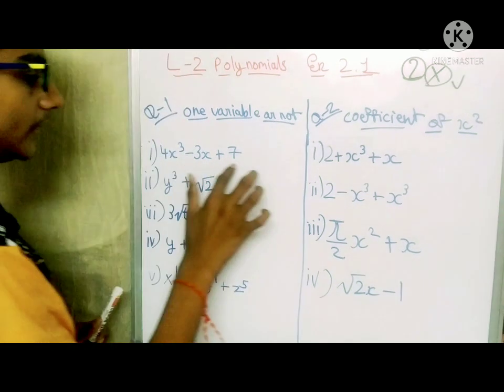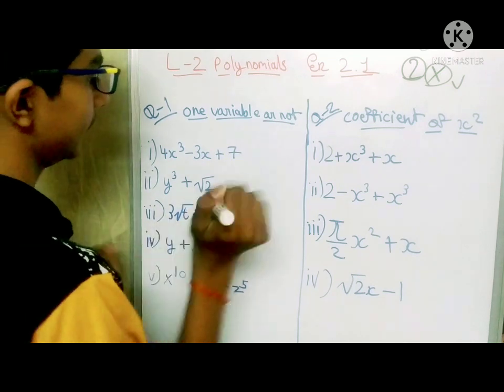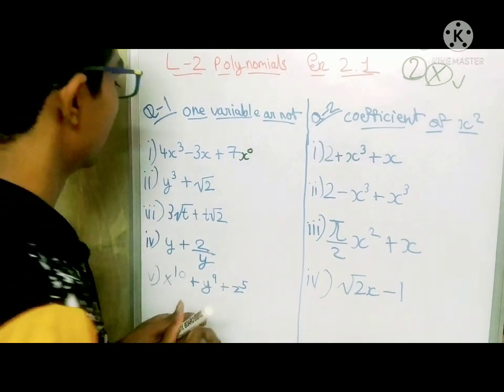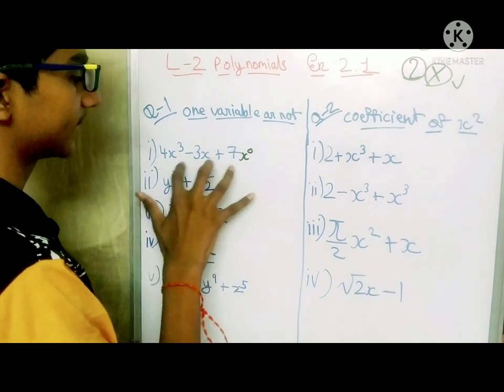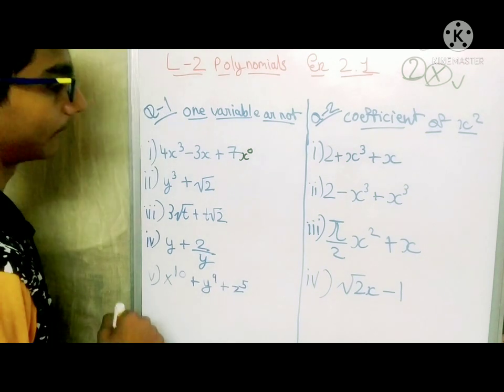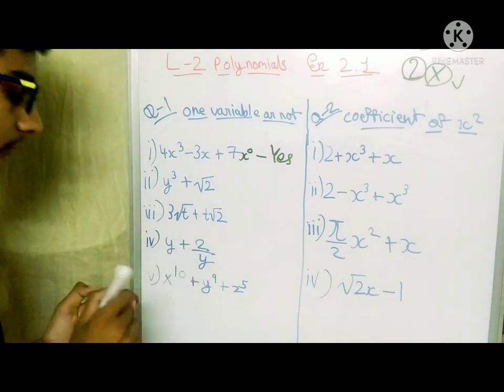So here how many variables can you see? Here there is also a variable, but all the three variables are the same: x, x, x. So here you will write yes.